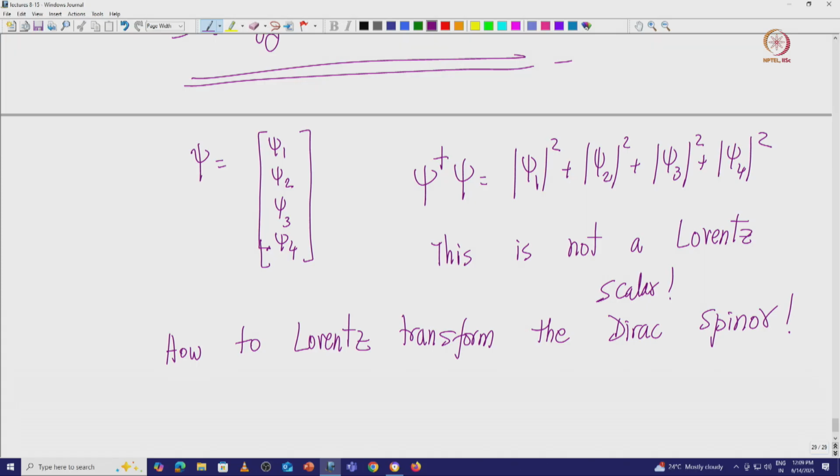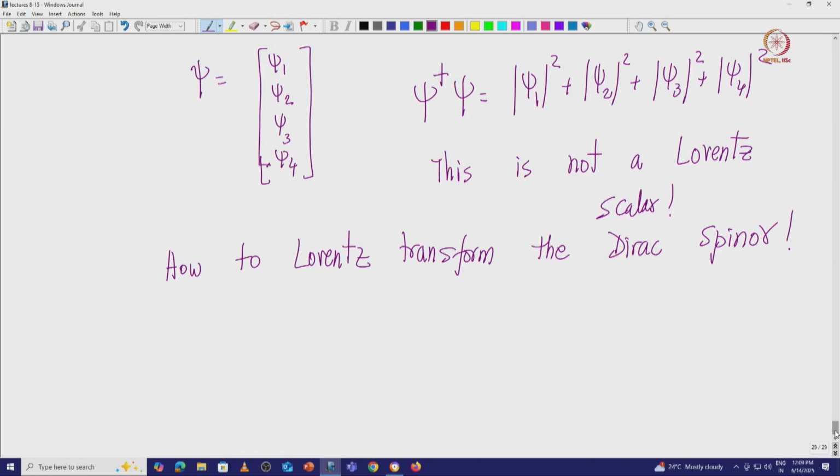Before that, we will also start doing what Lorentz transformations are, what the groups associated with Lorentz transformations are, and so on. But for the present, let us just take the result that psi dagger psi is not a Lorentz invariant quantity.